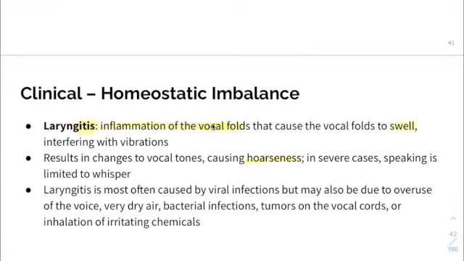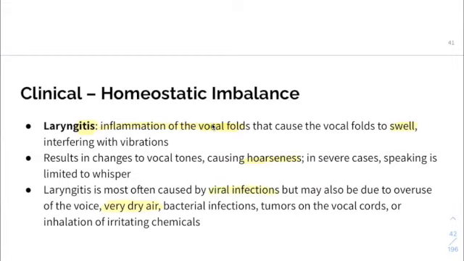A lot of times it's viral infections that cause it, but if you tend to overuse your voice, that can cause you to get laryngitis. You talk all day, every day, or sing a lot, it could cause it. If you're in some place with very dry air, that can cause laryngitis.